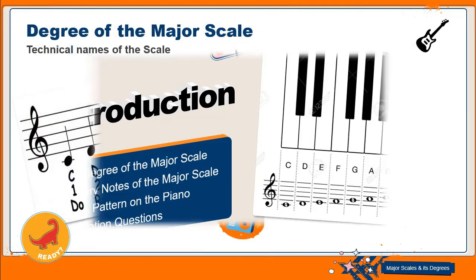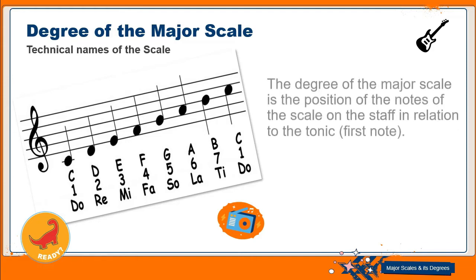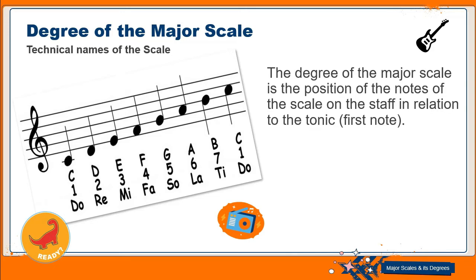Now let's look at the degree of the major scale. Our focus is more on the technical names of the scale. By definition, the degree of the major scale is the position of the notes of the scale on the staff in relation to the tonic, which is the first note.